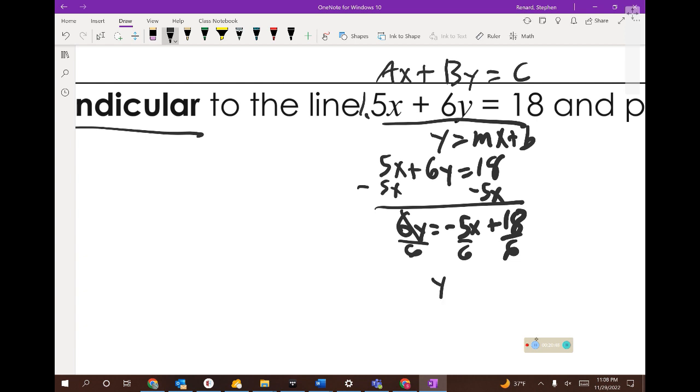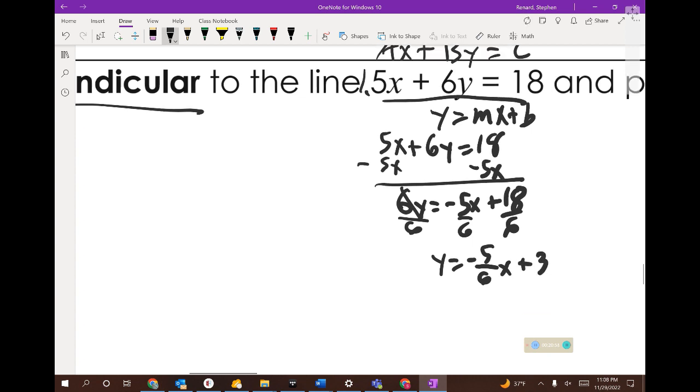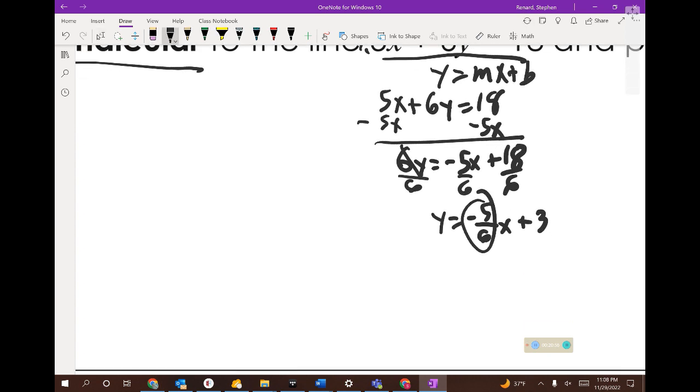We end up with y equals negative 5/6x plus 3. And this right here is our slope. So our slope is negative 5/6, and that's step 2. Step 1 was just simply getting it into slope-intercept form. Step 2 is finding the slope itself.